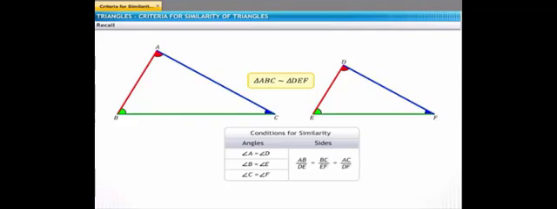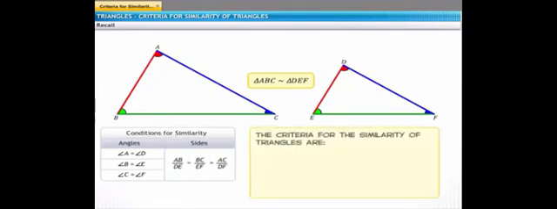These two triangles are similar. Recall that for two triangles to be similar, two conditions must be met. First, the corresponding angles of the two triangles must be equal. Second, the corresponding sides of the two triangles must be proportional.